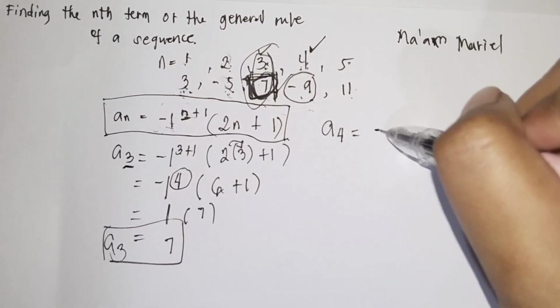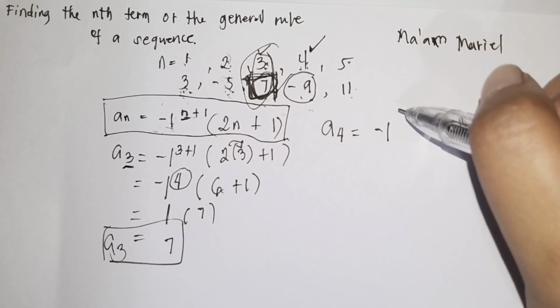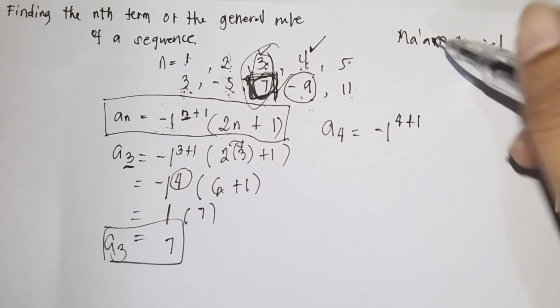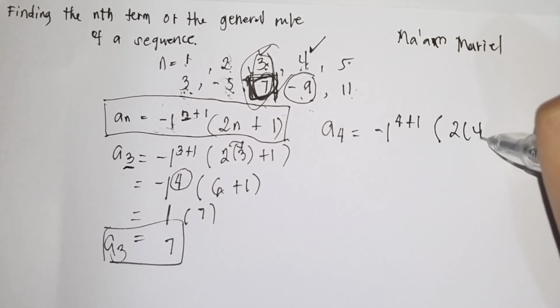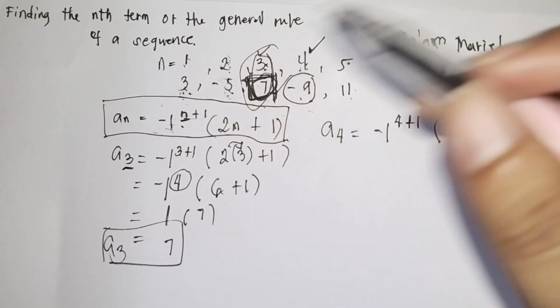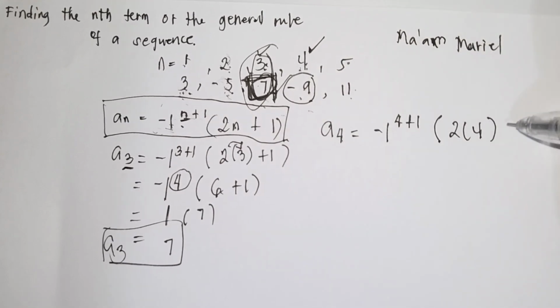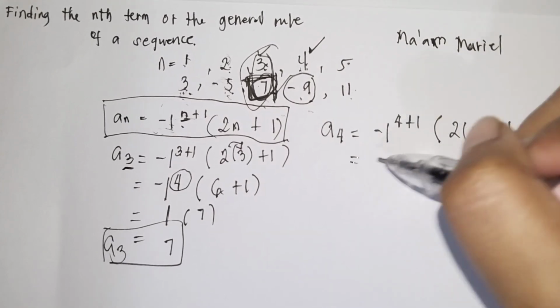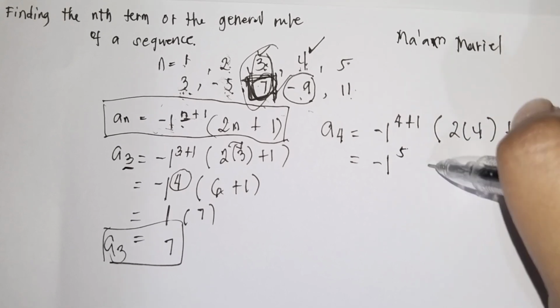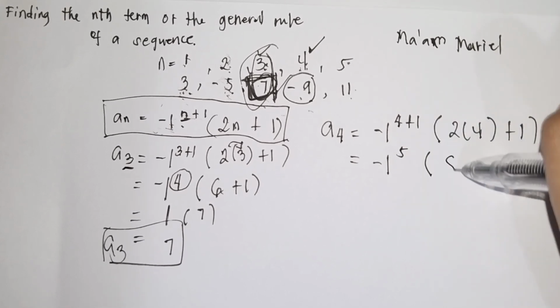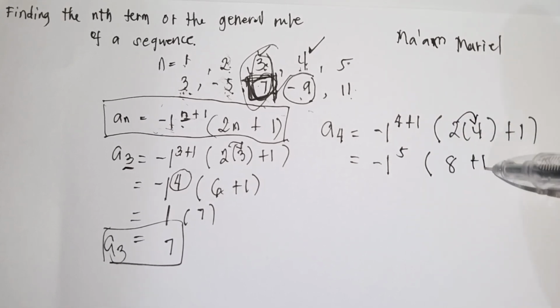Okay? So, meron kang negative 1 raised to 4 plus 1 times 2 times 4. Kasi yung mga n, papalitan mo ng 4. Okay, plus 1, and then, negative 1 raised to 5, 4 plus 1 is 5, so, then 2 times 4 is 8, plus 1.